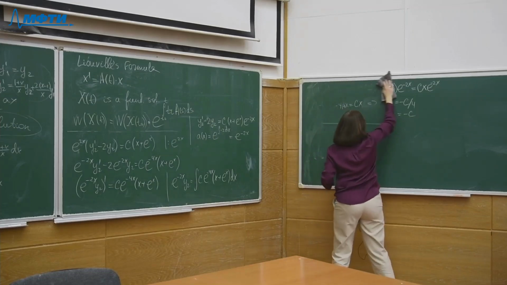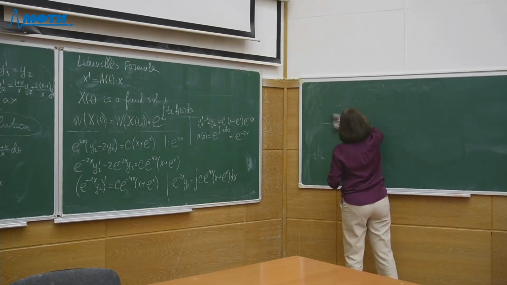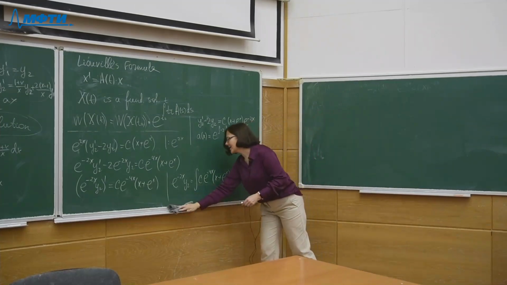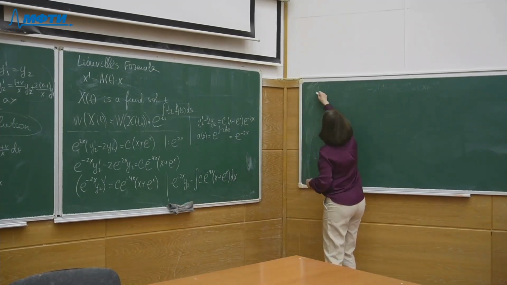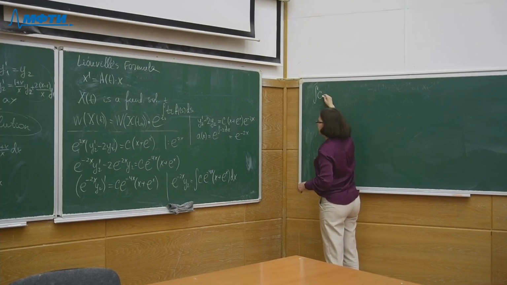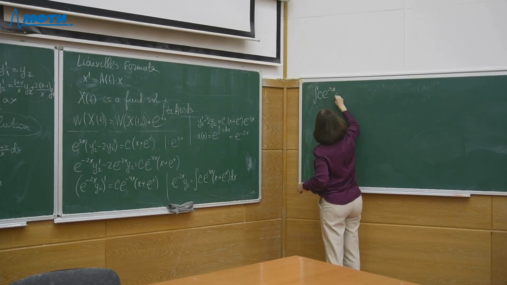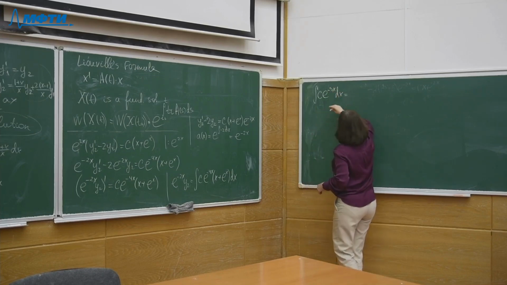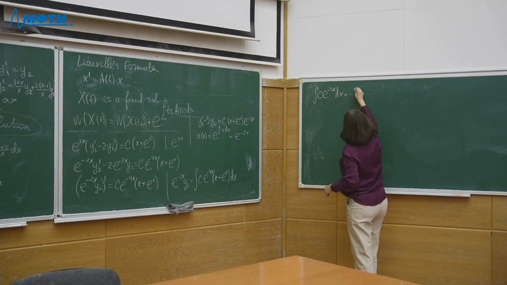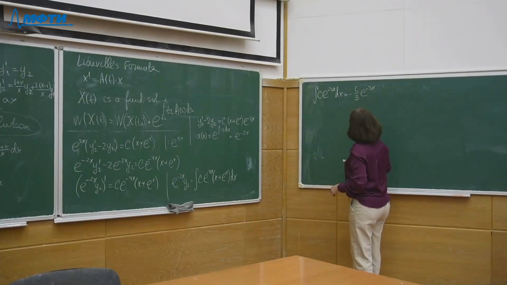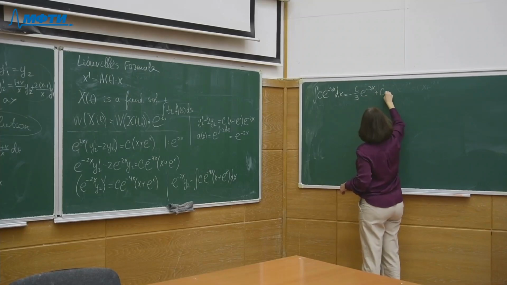I think we need to integrate by parts. The integral of c e^(-3x) dx is minus c third e^(-3x) plus c1.